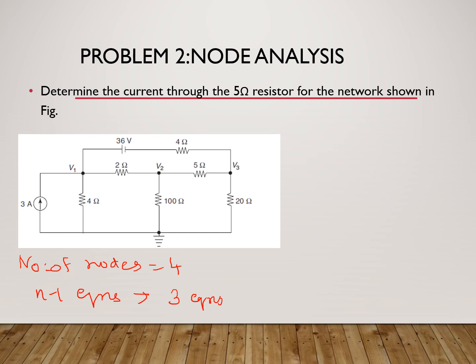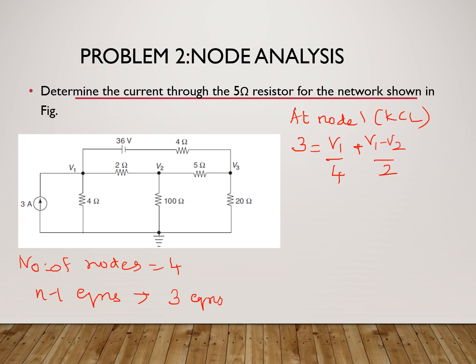Now let's write KCL at node 1. Here 3 ampere is flowing in, and the assumption is always that V1 has a higher potential. So with this assumption, current entering, 3, is equal to current leaving, which is: first branch V1 divided by 4. Second branch is the 2 ohm, and the current through it will be (V1 minus V2) divided by 2.